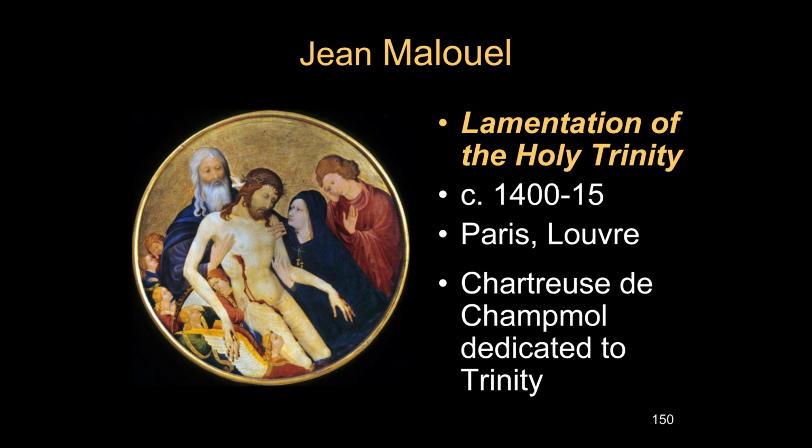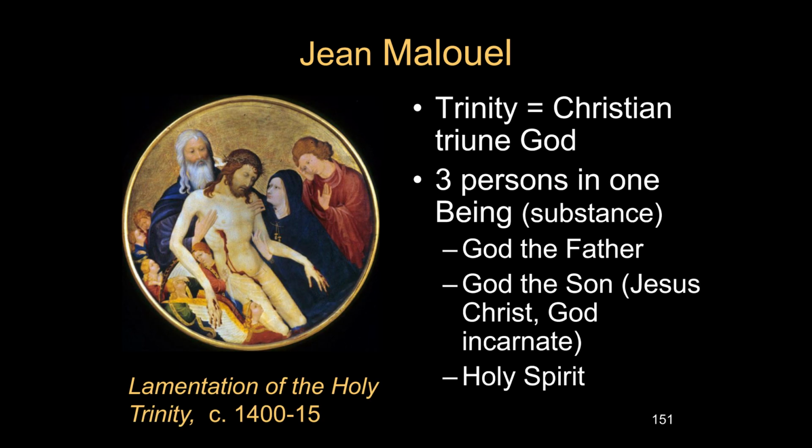It has a sort of unusual title, neither Lamentation nor Trinity, but the Lamentation of the Holy Trinity. And it combines a number of iconographic types, which we'll see. So it's dated from the last 15 years of Jean Malouel's life, just generally between 1400 and 1415. We don't know the exact date.